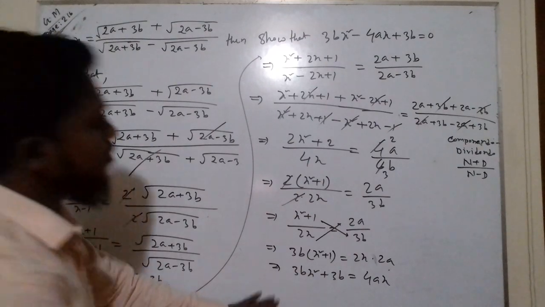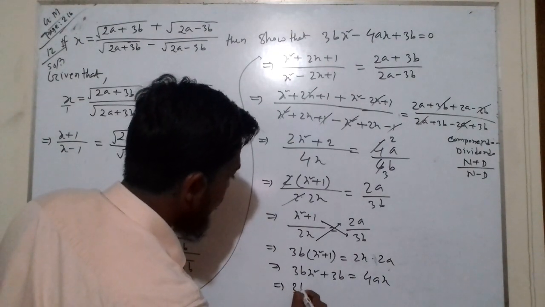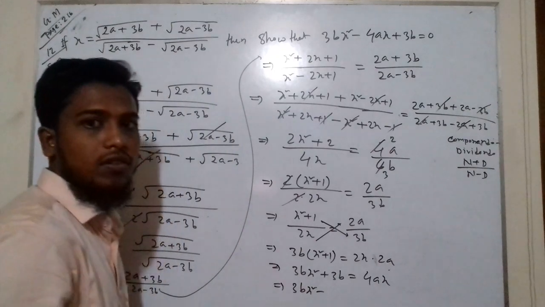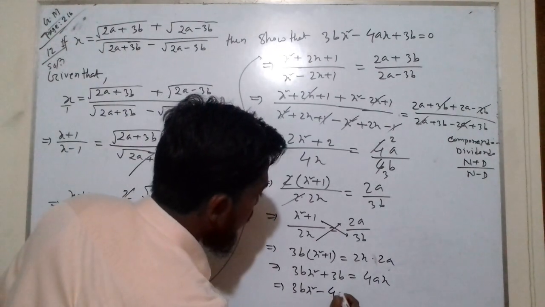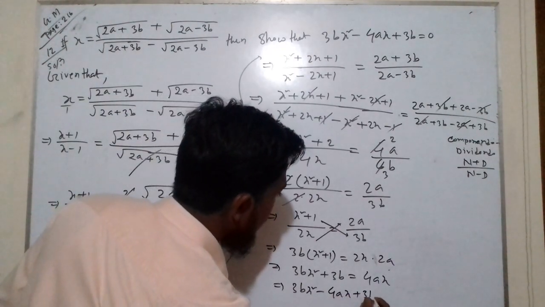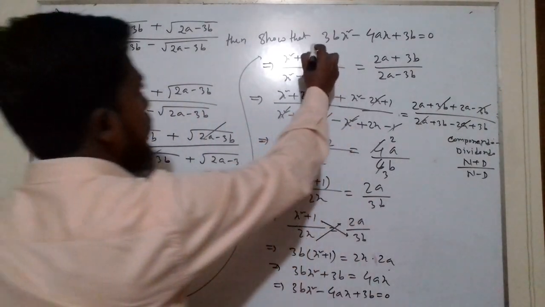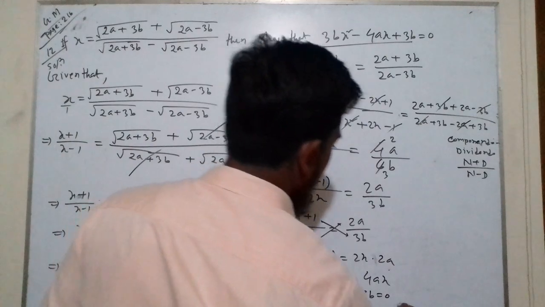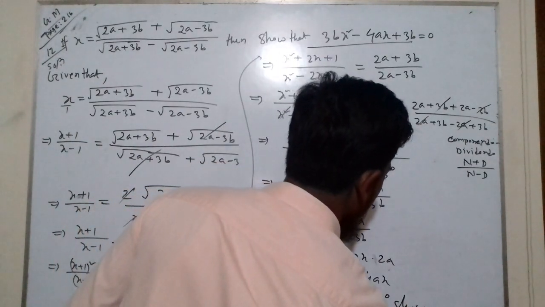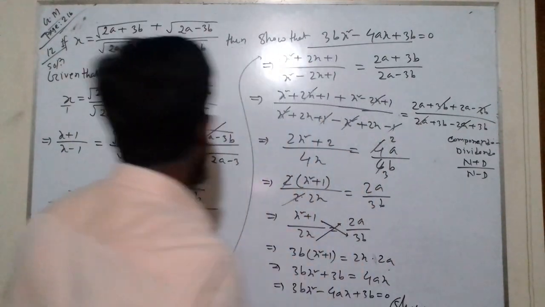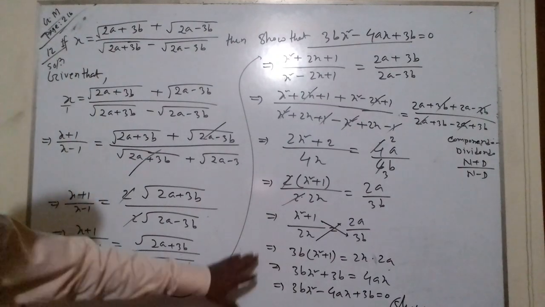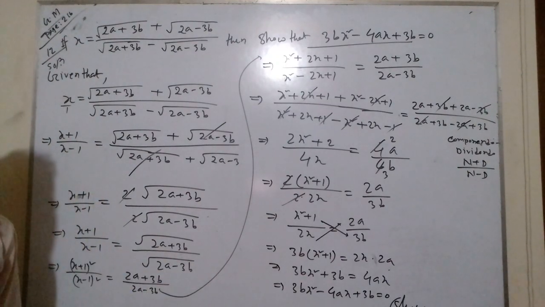So we can write 3bx square minus 4ax plus 3b equals 0. This is our solution. I think you have understood this solution procedure.